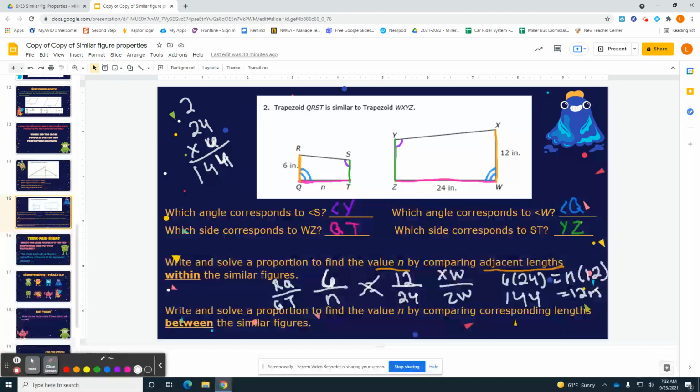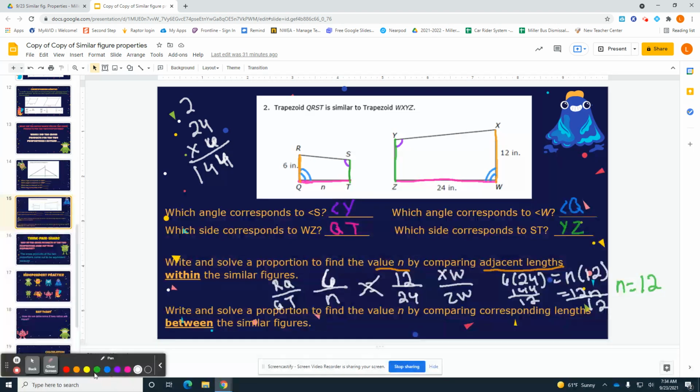So 144 equals 12n. Now I have to divide by my number in front of the variable to get my answer. So let me change the color so I can write it here. So n equals 12. I am going to have to erase this so we can do our next one. So let me rewrite this part, and try to write it a little bit smaller. So 144 over 12.